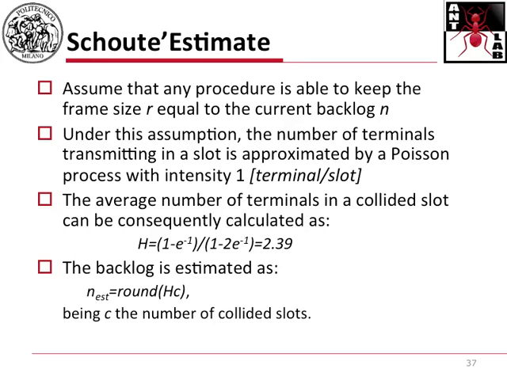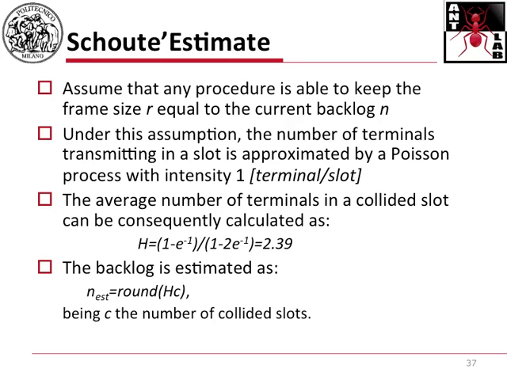Okay, so that's the outcome. Let's see how Schoute got to this result. The outcome is fairly easy: just count the number of collided slots, multiply by 2.39 and round it up. Use this magic number as the value for your next frame size, and do it forever, basically. Okay?